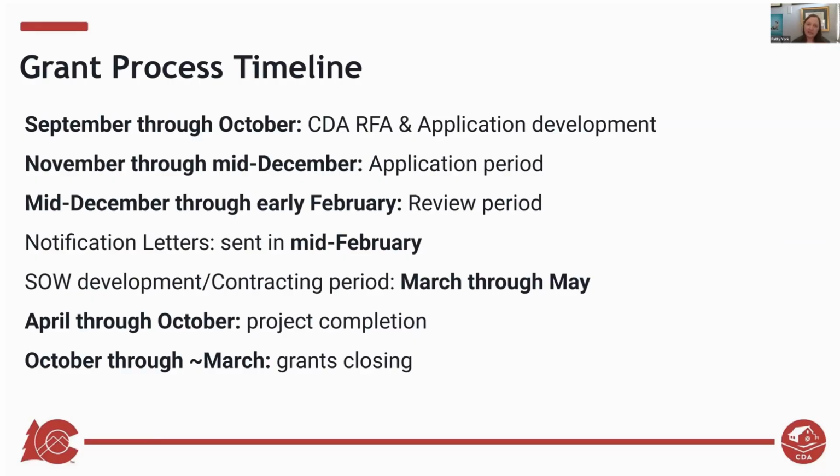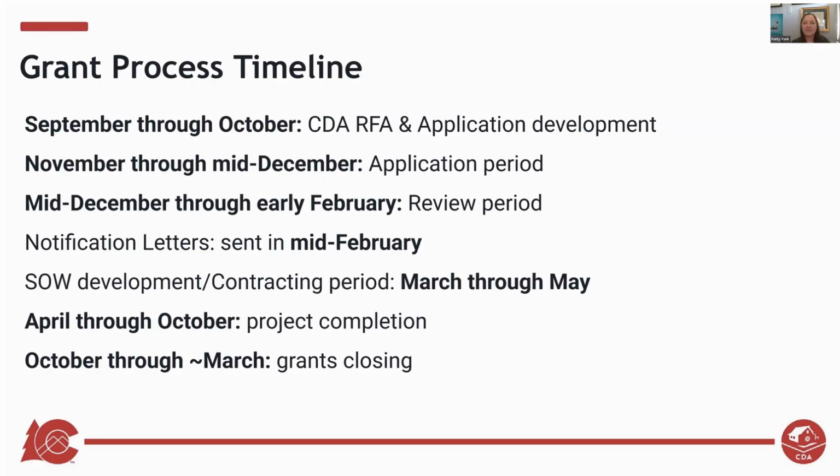So that happens, and then we have a meeting to go through line by line each grant, how they kind of ranked and what items were in the budget application, things like that, and make those really hard funding decisions. I will say that is an all-day meeting, and it is very difficult because we always have more ask than we have available. So after we've gone through that process, we send out notification letters in mid-February.